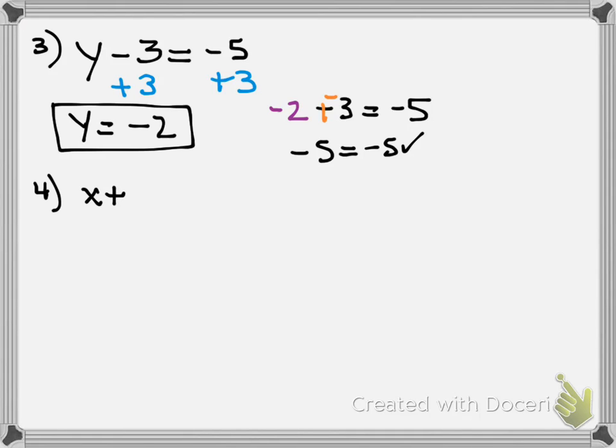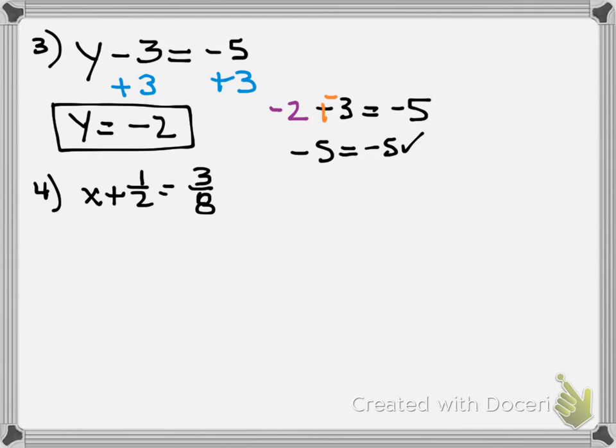So we have x plus 1/2 equals 3/8. The first thing that I would do is to determine what math I would need to do to get my variable alone. That's going to be my first best step. So what do I need to do to get x by itself? How do I get rid of the plus 1/2?